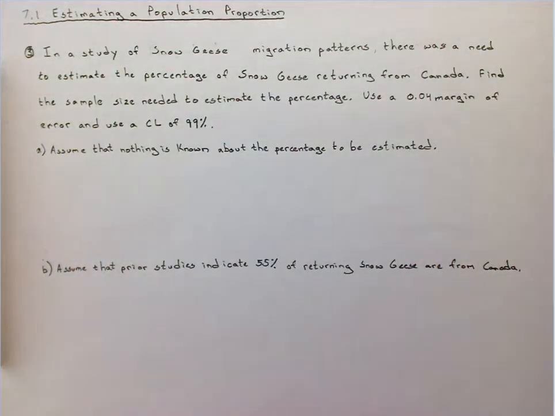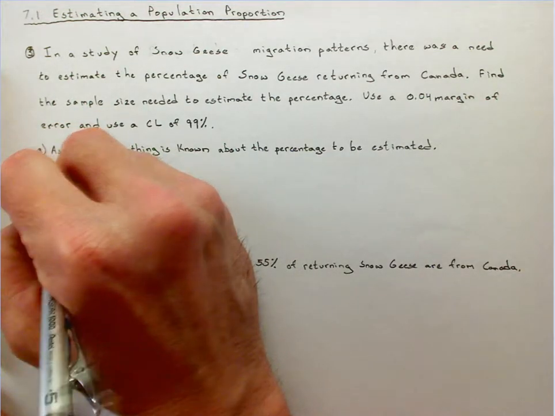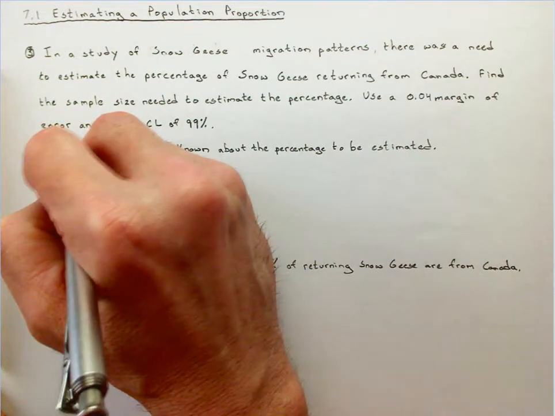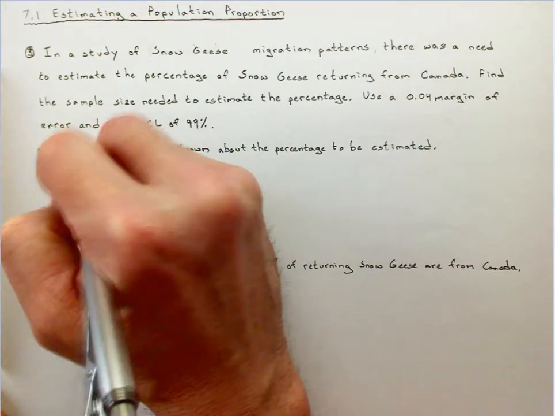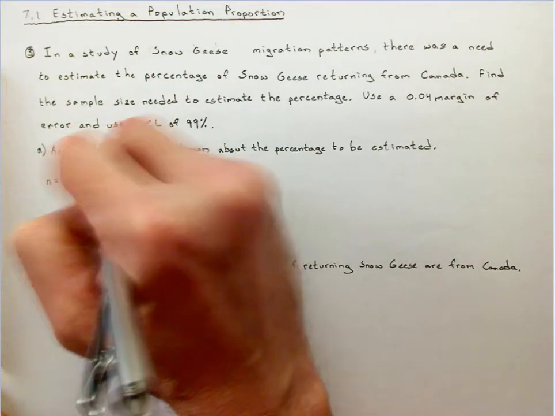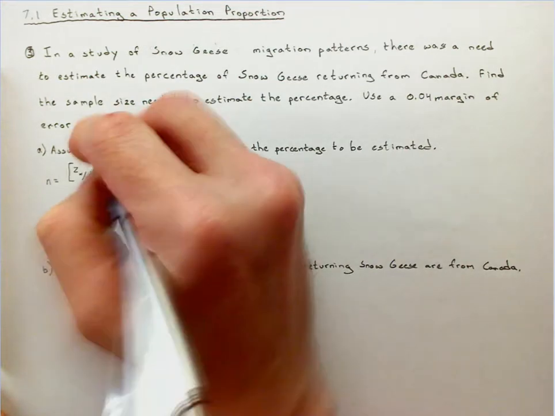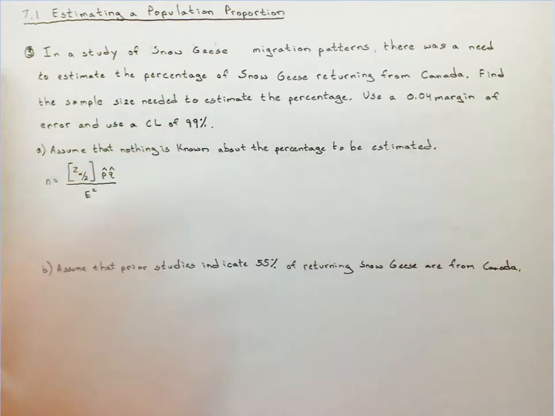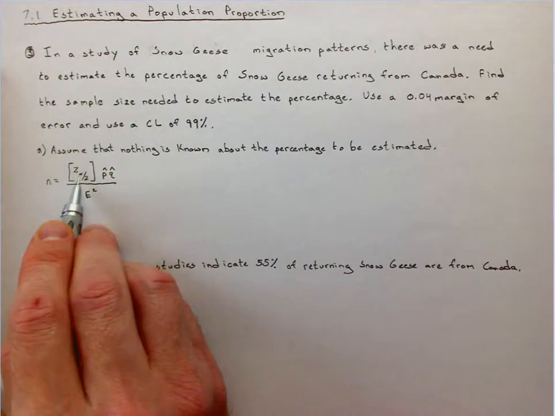So, again, the first thing that I do is I write down my formula. And this is just the margin of error formula rewritten. So the first thing I need to do is find out my alpha.